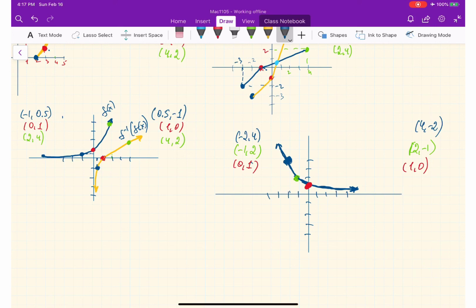It's going to be 4 and negative 2. This is 4. Negative 2 will come here. And then 2 and negative 1. It will come right here. And then 1 and 0. And the graph here is going to go like this.